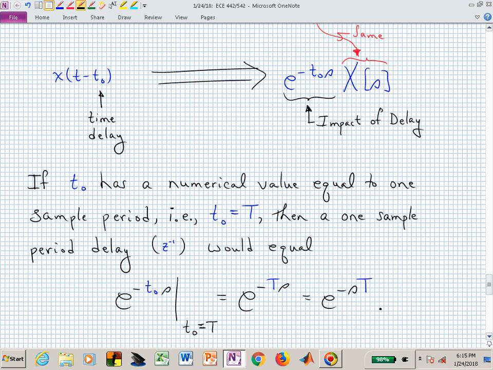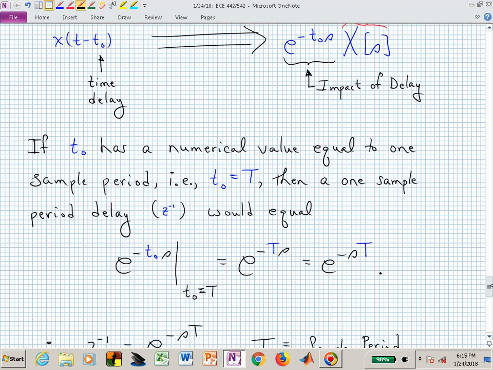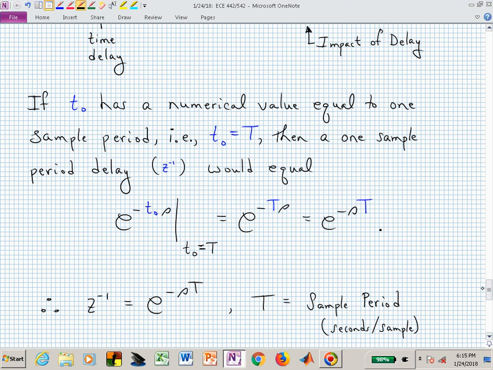They mean the same thing. They both correspond to the same amount of delay. And that's what we will then use to develop this relationship between the S-domain and the Z-domain.